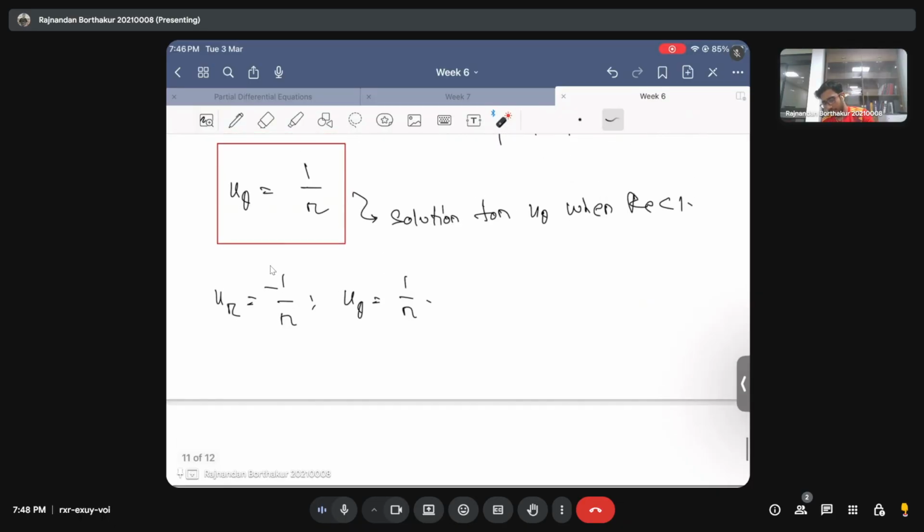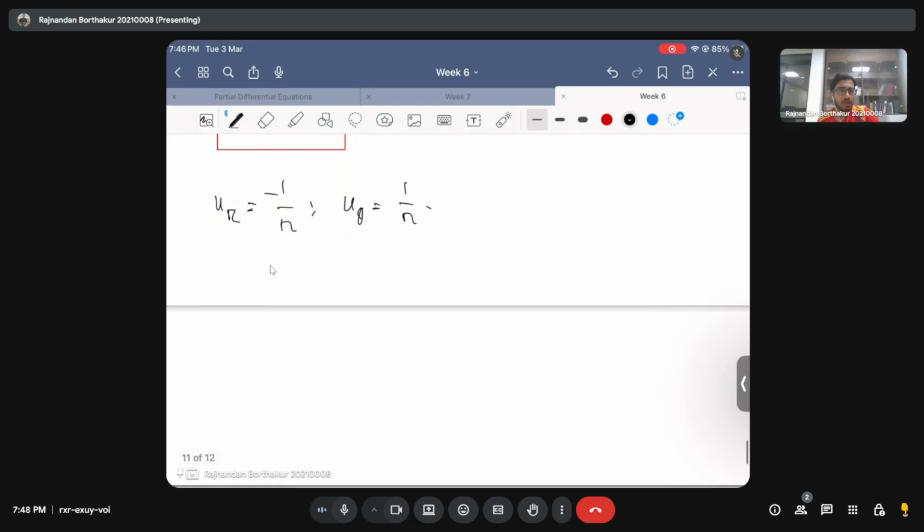So now you have u theta and ur. All you need to do is substitute u theta and ur in the r momentum equation to solve for pressure.